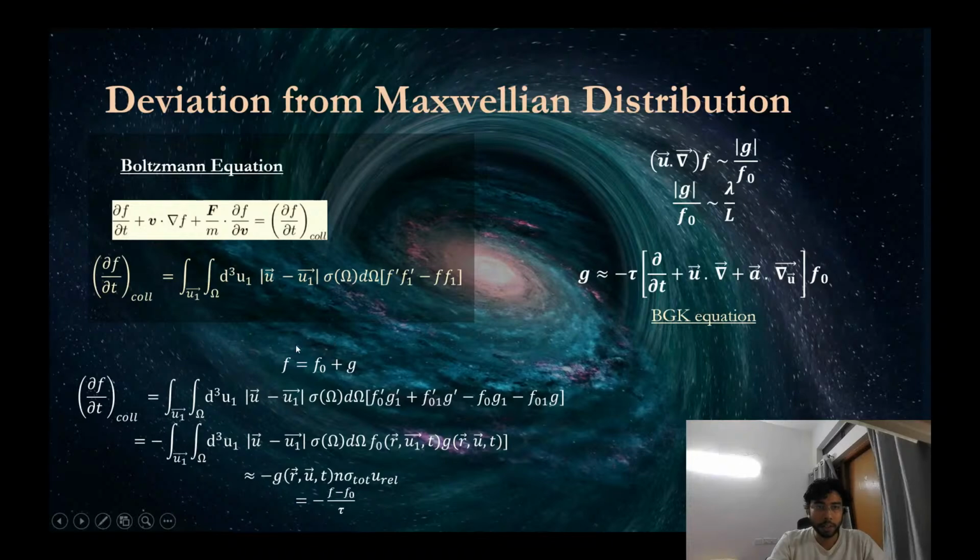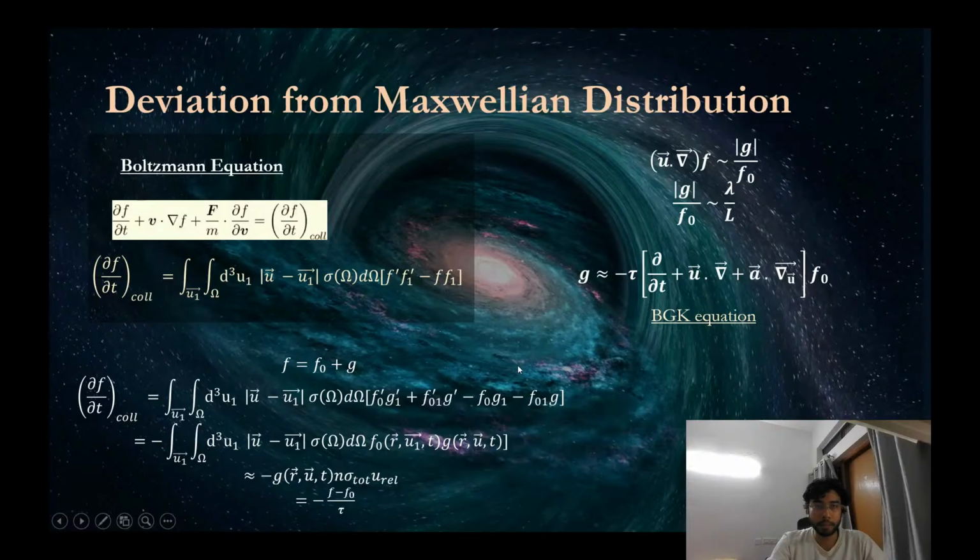Now, if we do this, the collision integral will be transformed like this. In place of f prime over here, we put f naught prime plus g prime, and instead of f1 prime over here, we put f naught 1 prime plus g1 prime. Similarly, we do the same for f and f1.